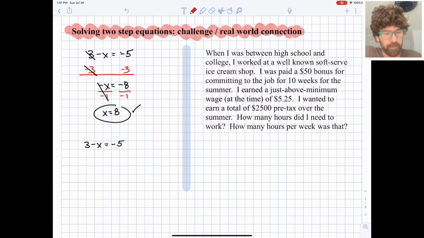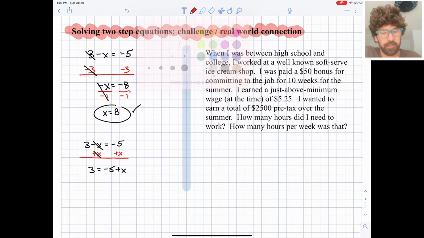For this one, I'm going to actually add x to both sides. I think you'll see that this might be a slightly longer pathway. Maybe it's not. We'll see. But those x's cancel, and we end up with 3 equals -5 plus x. Actually, this is still going to be a two-step problem, so this will work out just as easily as the other one.